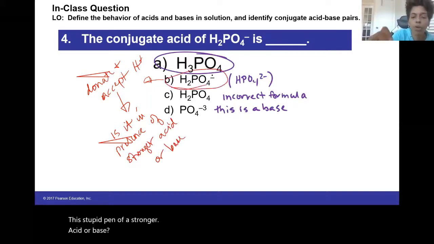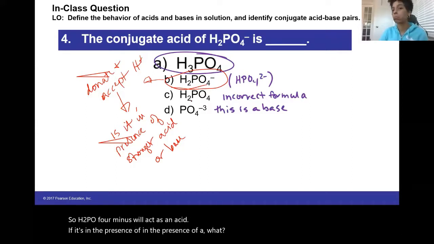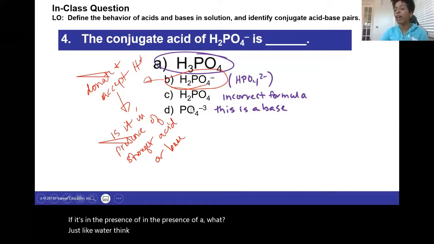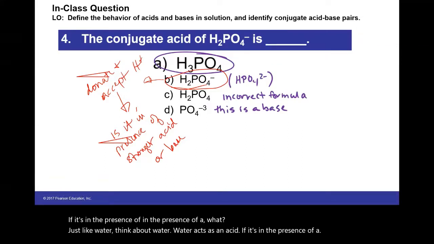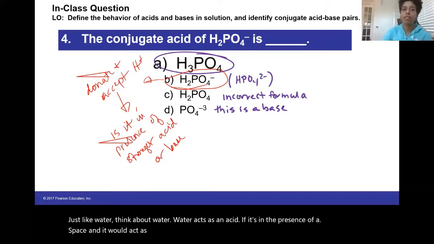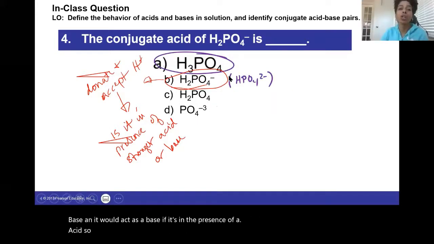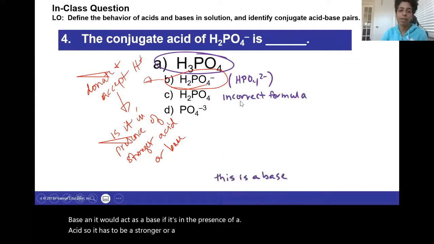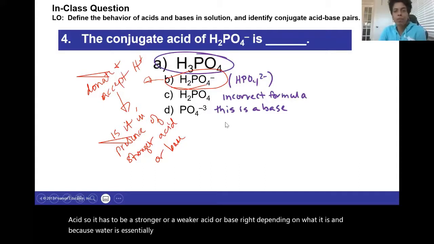So H2PO4 minus will act as an acid if it's in the presence of a what? Just like water. Think about water. Water acts as an acid if it's in the presence of a base, and it would act as a base if it's in the presence of an acid. So it has to be a stronger or a weaker acid or base, right, depending on what it is. And because water is essentially neutral, it can act as either one. It doesn't have to be a strong or a weak acid or base.